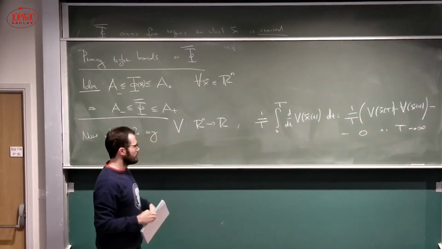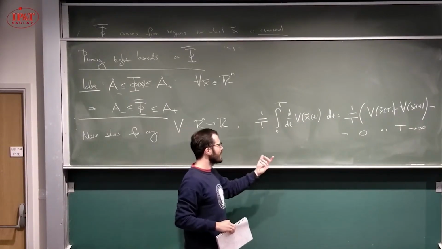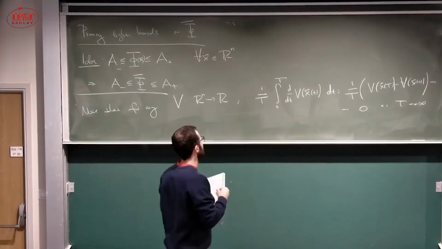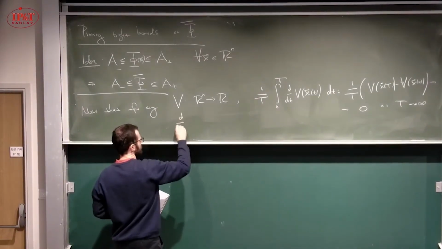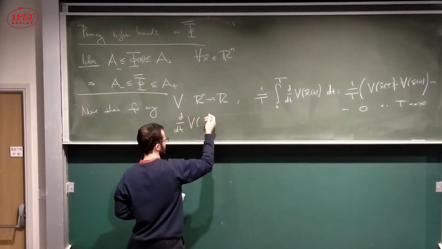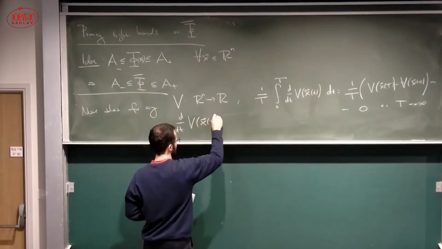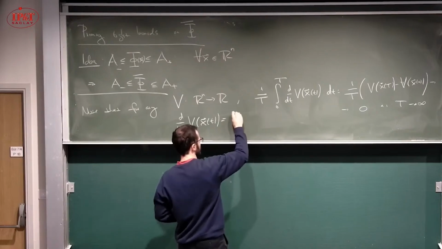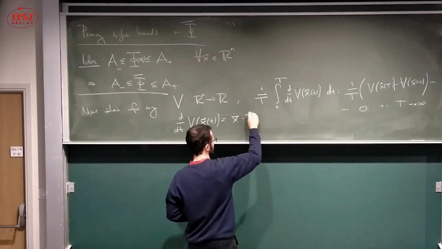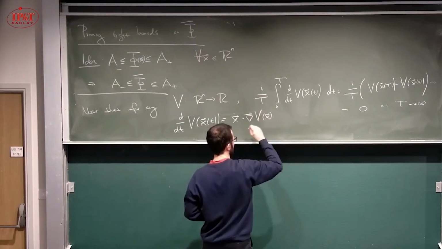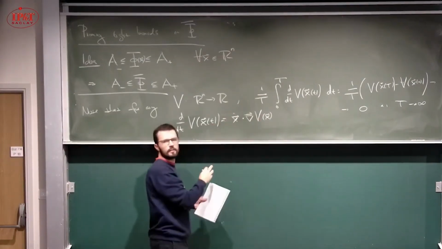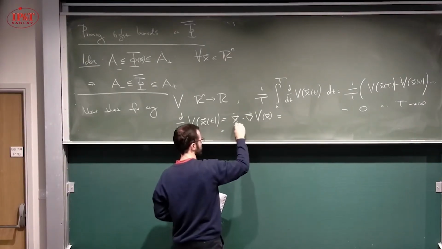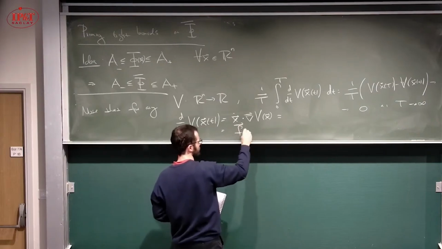Okay. Now we can use the differential equation to rewrite the time derivative of v as a function of x. So here, d by dt, just using the chain rule, d by dt of an arbitrary function is the same thing as x dot nabla applied to v of x. Here's the chain rule, and now we can rewrite x dot using the differential equation. So this is the same thing as our f, which, remember, was the right hand side of the differential equation.